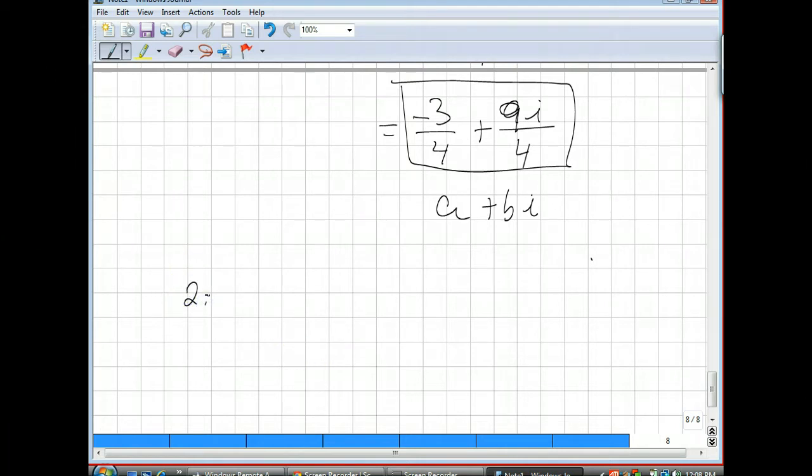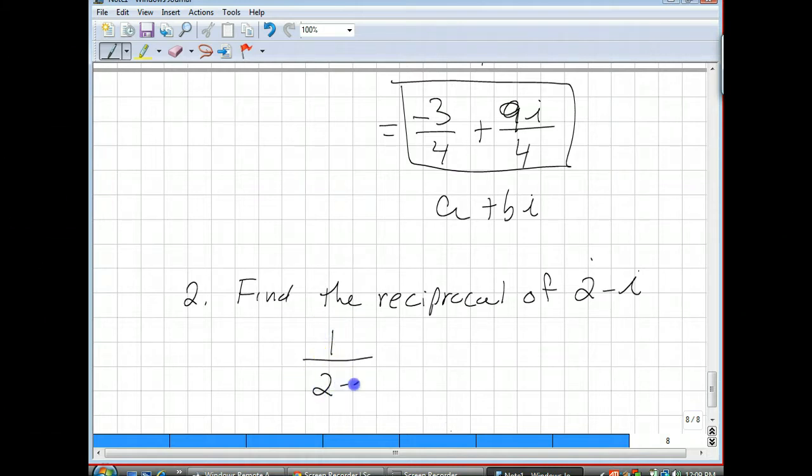Example 2 would be find the reciprocal of 2 minus i. Okay? Well, the reciprocal of 2 minus i would be 1 over 2 minus i. Then we have a complex number in the denominator, so we put it in parentheses, and we want to get rid of that complex number, so we multiply by the conjugate.